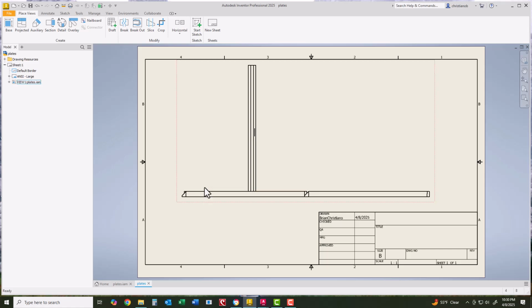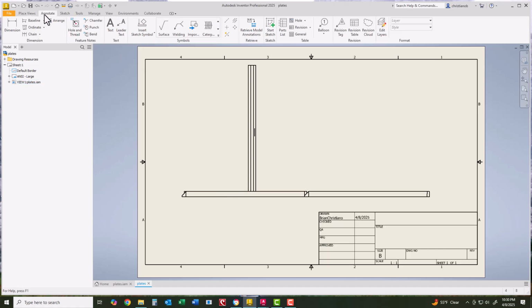So now what I've got is this plate here that's vertical, and I've got another plate that is horizontal, as we saw. And I'm going to go up here to annotate, and up here I can put in a weld symbol. The software just allows me to pick where I want the weld symbol.